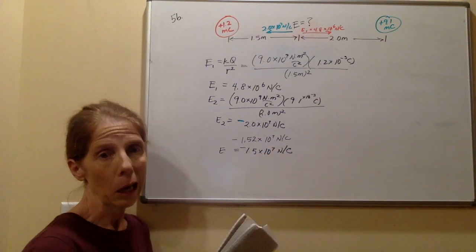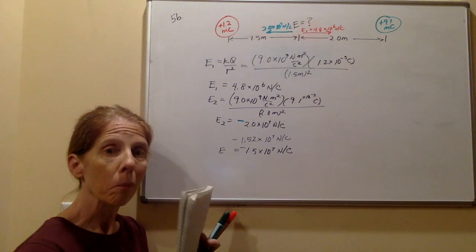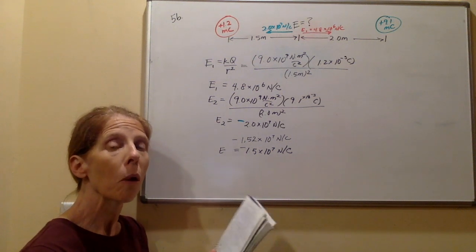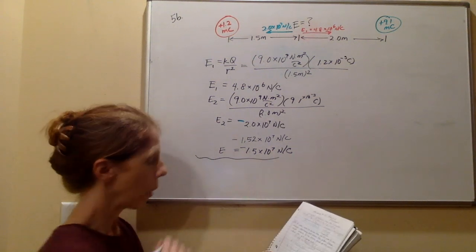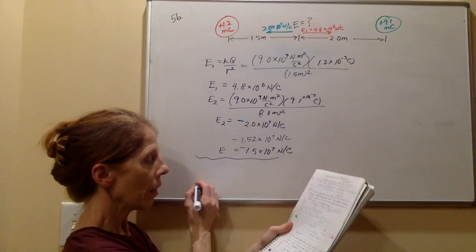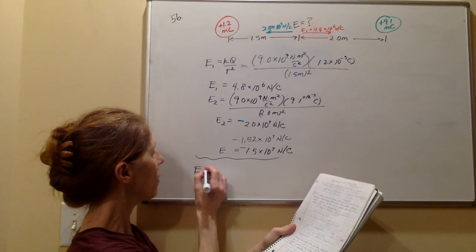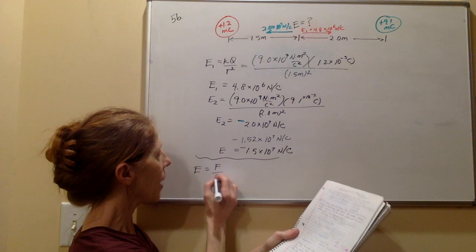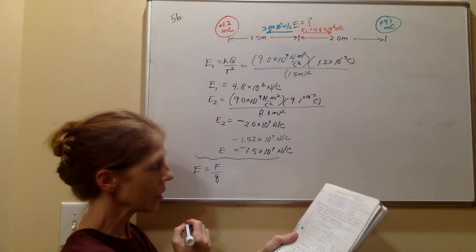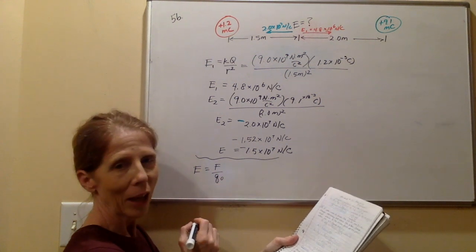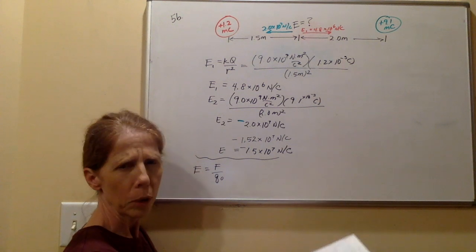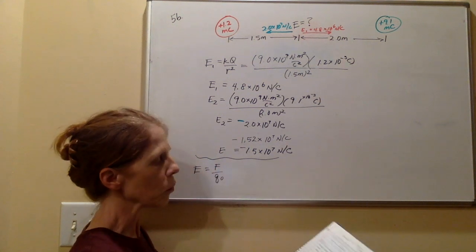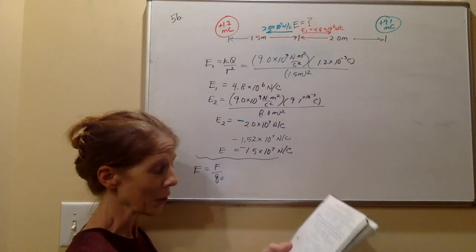Okay, now that's one way to do the problem. There's actually a simpler way you could do the problem as well. And what is that? Well, if you remember, we can calculate an electrostatic field by taking a force and dividing it by q naught, and that gives you an electrostatic field. And how would we know what that overall electrostatic force is? Well, it's what we calculated in the first half of the problem.